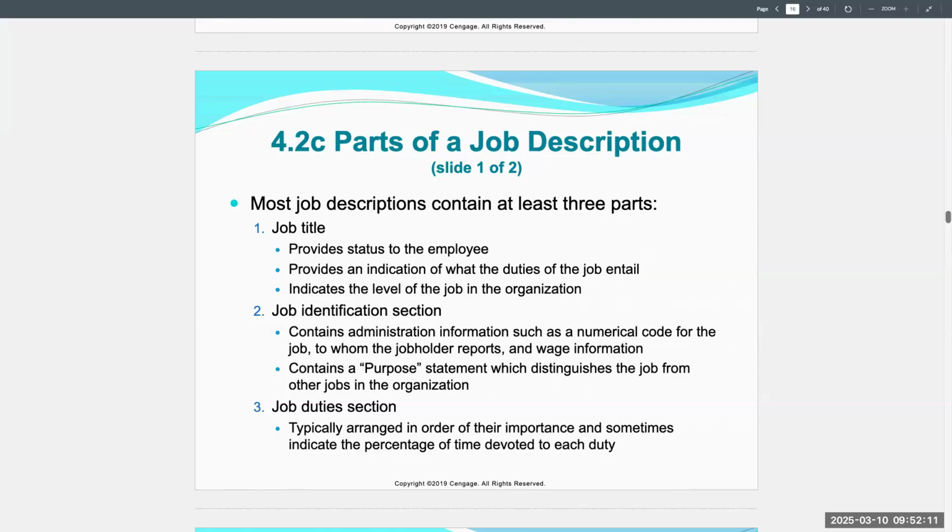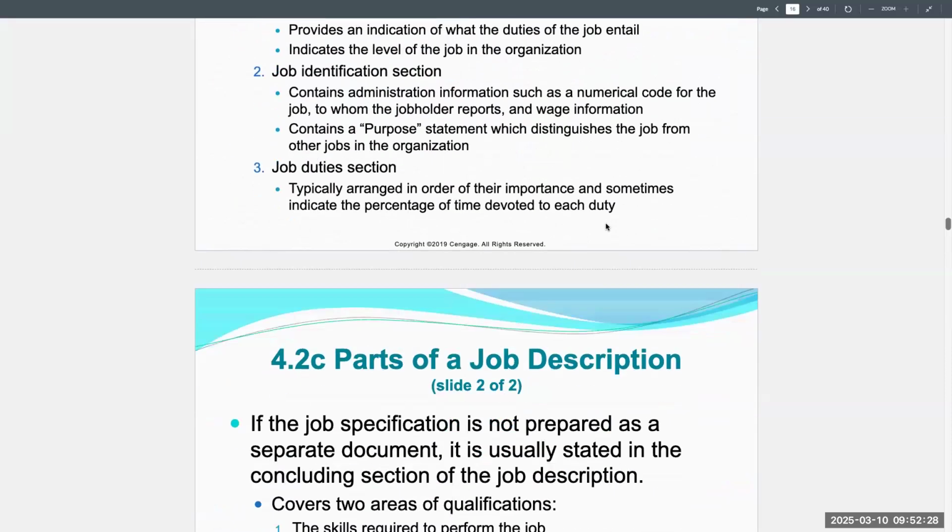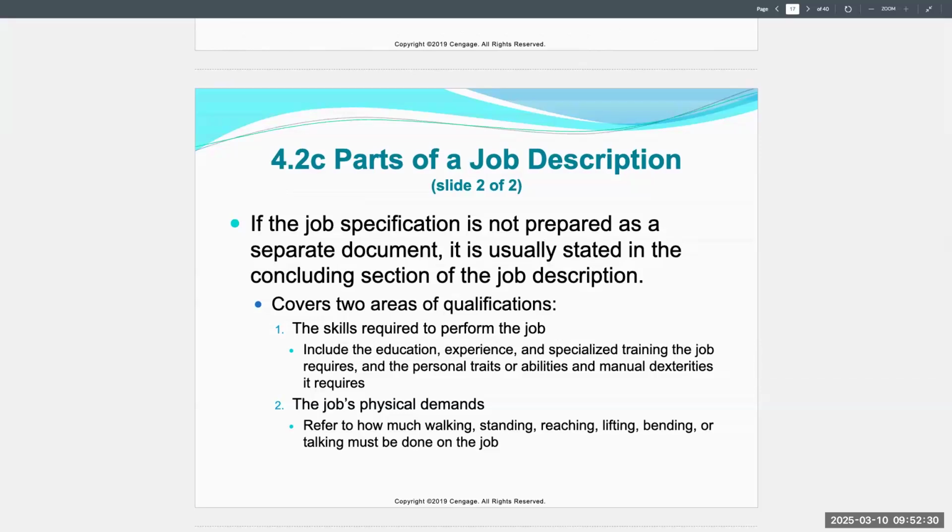And some descriptions also indicate the percentage of time allocated to each duty. By ensuring that these elements are clearly defined, organizations can attract the right candidates, minimize role confusion, and enhance engagement as well. Now, if job specifications are not listed separately, they're often included at the end of the job description.